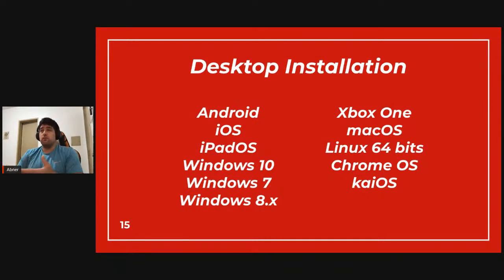Today we have a big amount of operating systems where you can install a PWA on your desktop, and you can have a PWA that is specific for desktop, with some performance and other features specific for your desktop, and you can optimize for this. But most of the developers don't think too much about that.